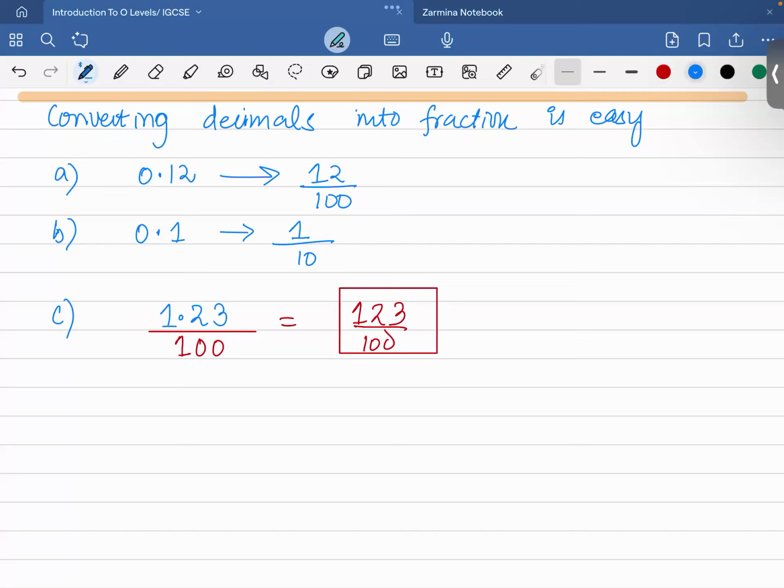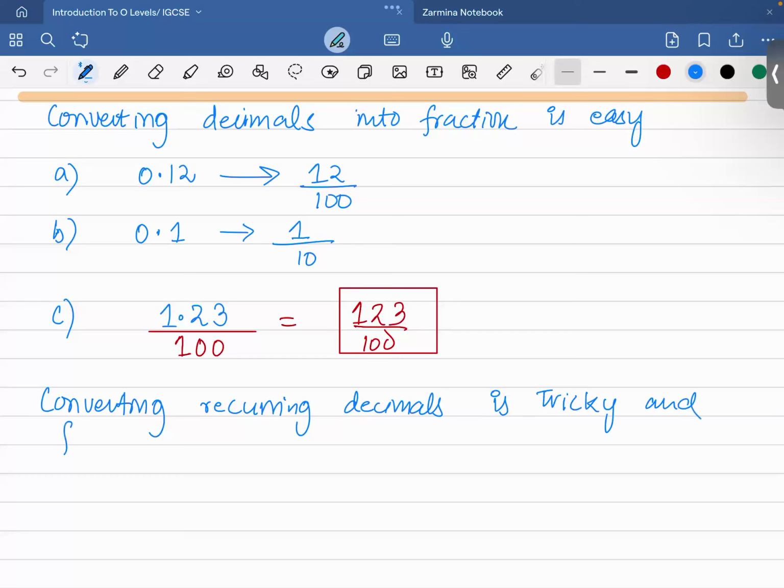Yes, sir. Now we are going to understand how to convert recurring decimals. It is tricky, and you should follow some steps.